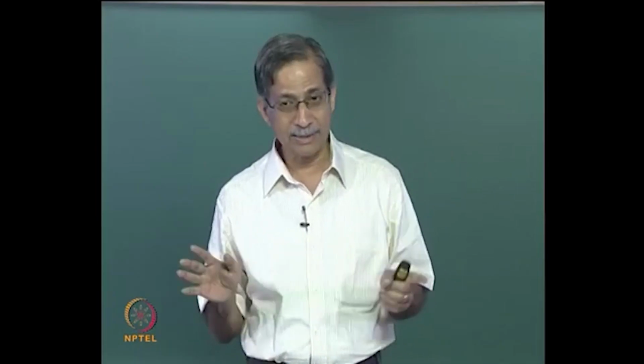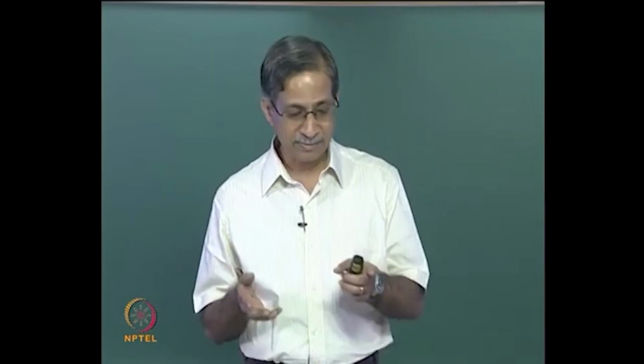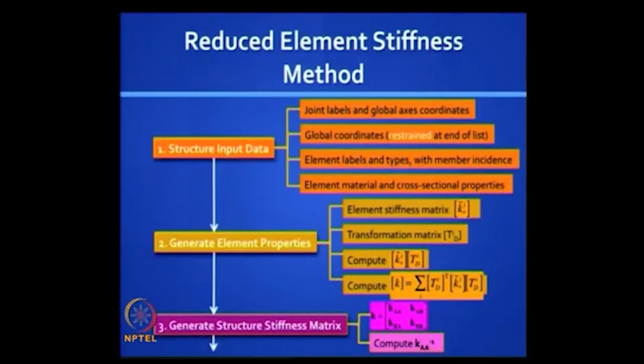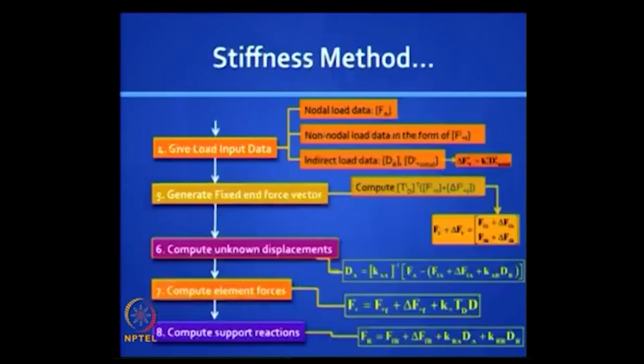So there is no loss in accuracy, it is just that you have the advantage of dealing with smaller sized element stiffness matrices. So this procedure we have gone through earlier, but it will really make sense when we apply it to specific problems. So let us take the simplest type of problem.